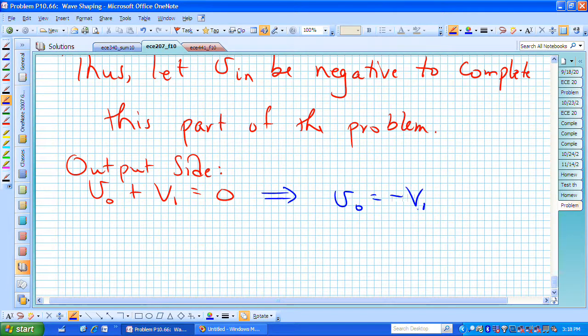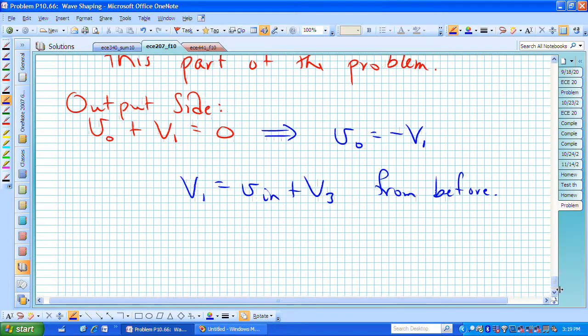But V1, if we remember what it was before, V1 was just Vn plus V3. And now we can hopefully get V out in terms of Vn. V out is equal to minus Vn plus V3.